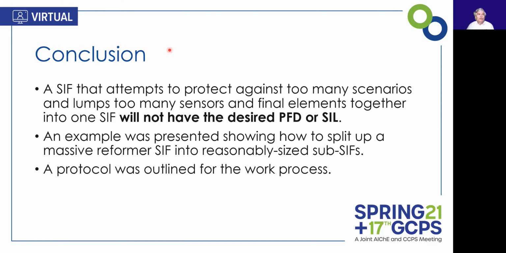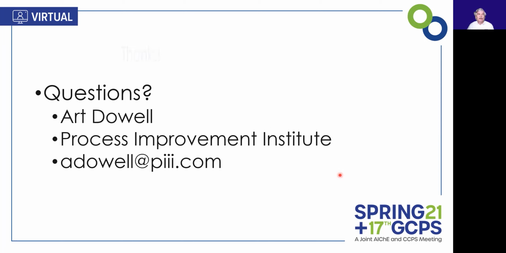So we conclude that any sensor that attempts to protect against too many scenarios and lumps too many sensors and final elements together into one SIF will not have the desired probability of failure on demand or this desired safety and integrity level. An example was presented showing how to split up a massive reformer SIF into reasonably sized sub-SIFs, and a protocol was outlined for the work process.